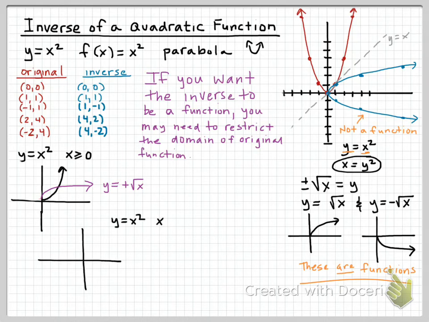And if I restricted the parabola to only the left side, you guessed it, I would get only the bottom side of the inverse, which is y equals the negative square root of x. So one way around the problem that flipping the whole parabola doesn't give a function is to flip just half of the parabola, restricting the domain.